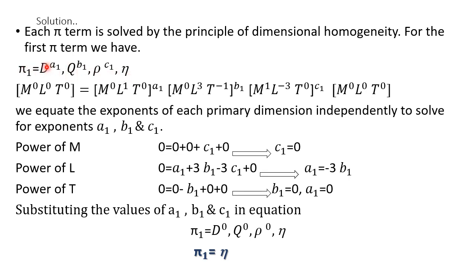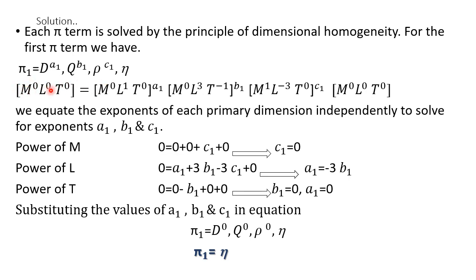So let us write the dimension of D, that is m to the power 0, l to the power 1, t to the power 0, whole to the power a1. Next, the dimension of Q is written here, whole to the power b1. Next, the dimension of density is written here, whole to the power c1, and the dimension of efficiency. Okay, so now we have written the dimensions of all. Let us compare the powers.